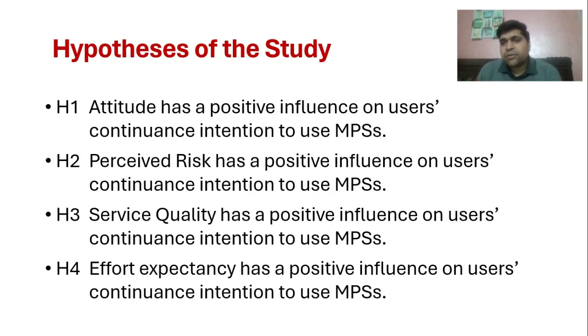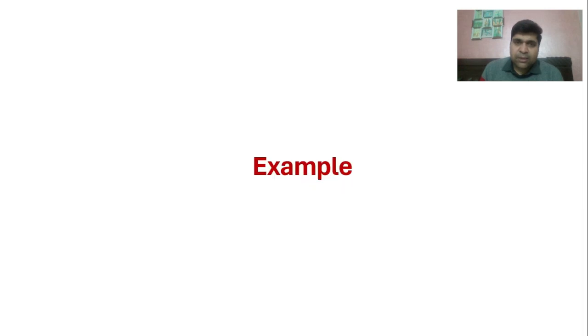Attitude has a positive influence on users' continuance, perceived risk has a positive influence, service quality has a positive influence, effort expectancy has a positive influence. This is the way that we connect research gap, title, variables, independent and dependent variables, research questions, objectives, hypotheses, and of course the theoretical framework.